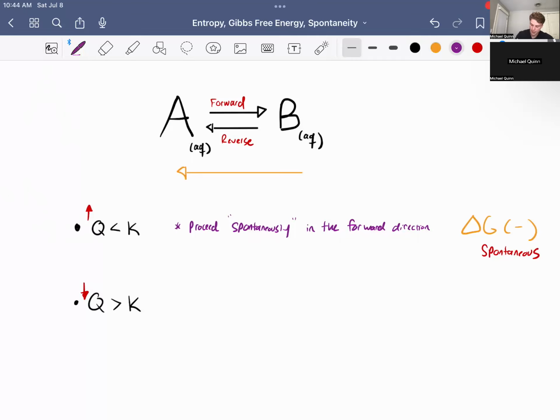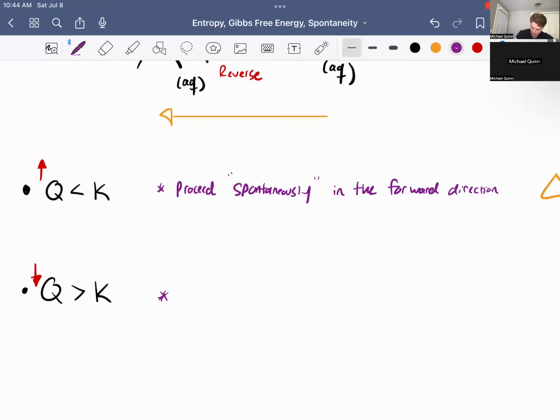So what we can say is that this reaction will proceed spontaneously in the reverse direction.